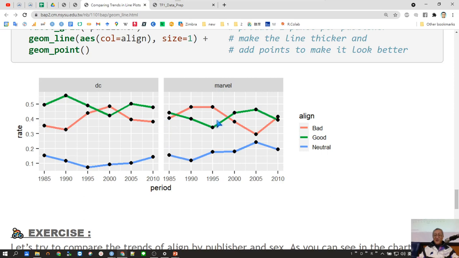In the first half, actually, they have more bad guys than good guys, right? But in the last three periods, it actually has more good guys than bad guys. So in this way, you can see the trend actually a lot easier, right? A lot easier, right?